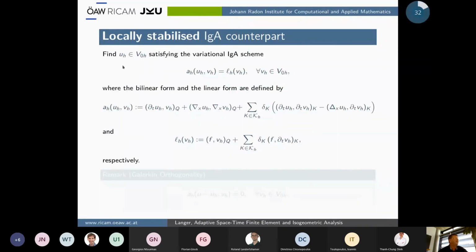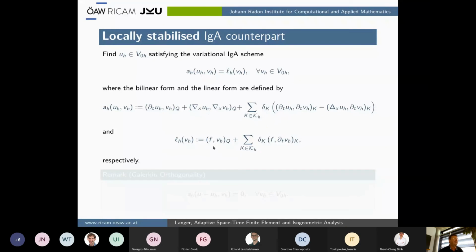Okay, now it's clear. I look for an approximate solution. That means this is spanned by all basis functions with unknown coefficients, of course, from this IGA space, such that this functional identity is fulfilled for all test functions.